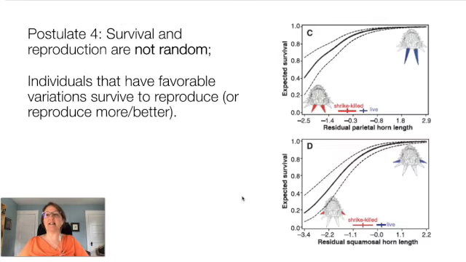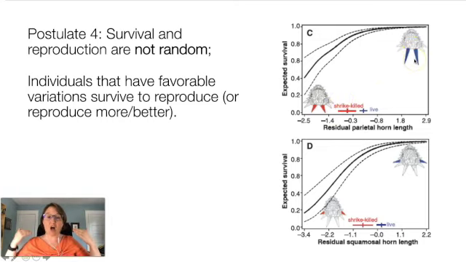Last but not least, the last postulate is that survival and reproduction are not random. In other words, individuals that have favorable variations survive to reproduce, or survive to reproduce more or better. One example of this is one that we talked about in class, which involves these horned lizards.